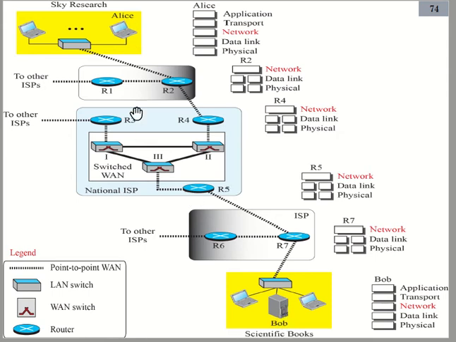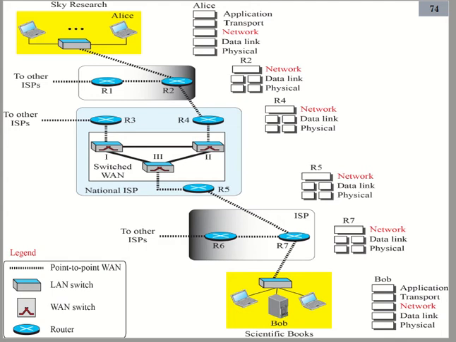The connection is established through many networks. You can see three different networks between the source and the destination, connected through connecting devices such as routers or switches. We can call this an internet, a combination of LAN and WAN.